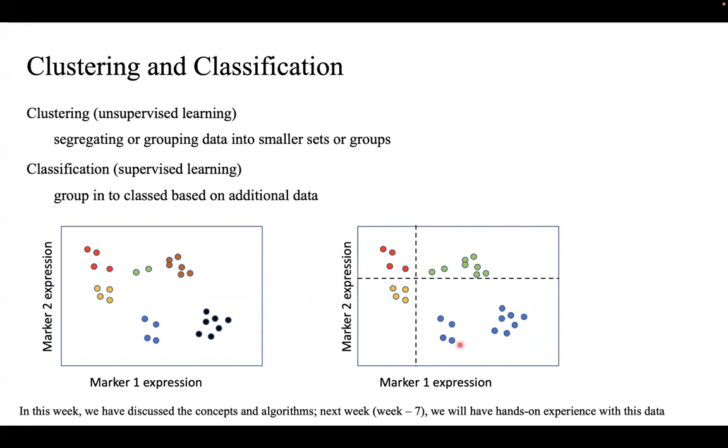So whether you have prior information about your data or not, you can do unsupervised or supervised learning on them and group them. They're both ways to group your data points into sets, which is especially important when you have a large number of data but small groups that they can be classified or clustered into.